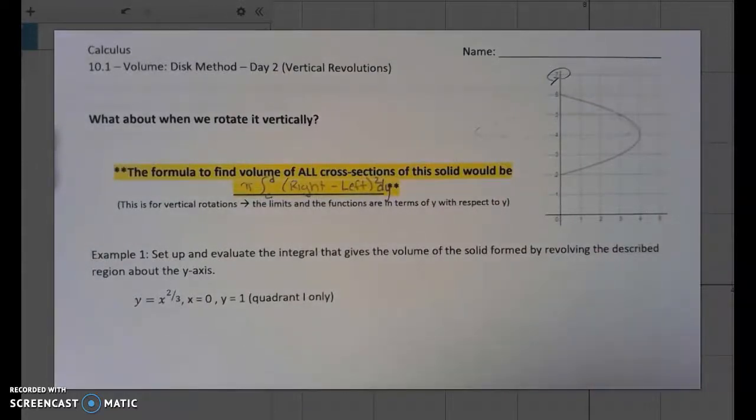So it's essentially the same thing, except because these functions are going to be in terms of y, we have to use a right function and a left function. Okay. As I work through this lesson, you're going to hear me also refer to right and left as outer function and inner function. That's really going to help us when we look at the next lessons. So I'm going to start using that terminology.